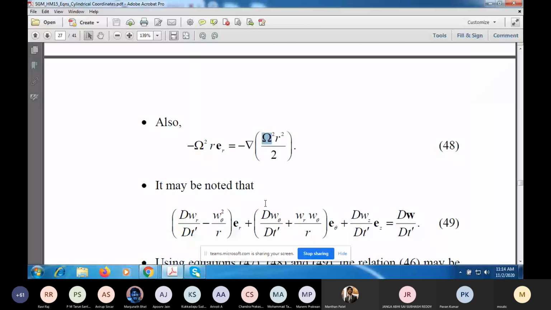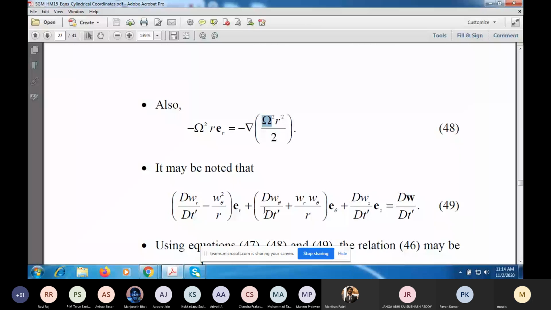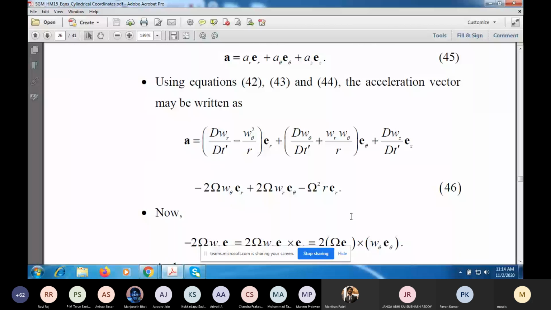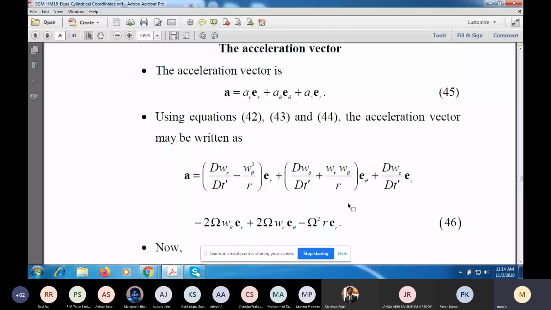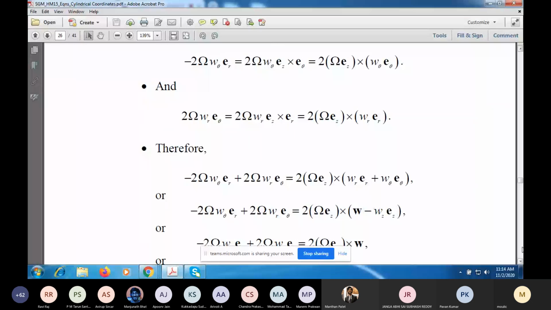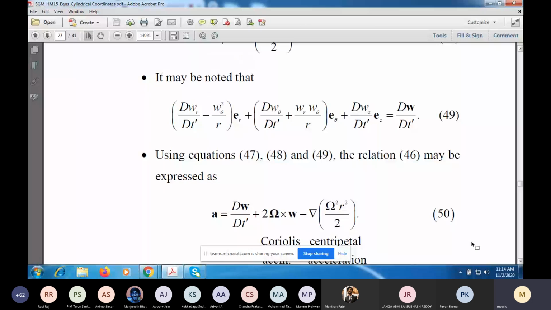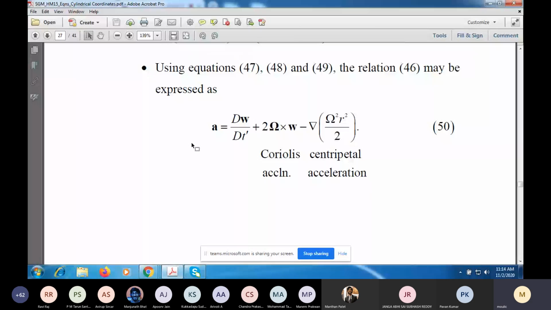And these terms which I have cropped up in the equation here, 46, this can be recognized as the material derivative of the relative velocity in the rotating frame. So one can write the acceleration term as d of the relative velocity dt' plus the Coriolis term and the centripetal term, which I can write as grad of omega squared r squared by 2.